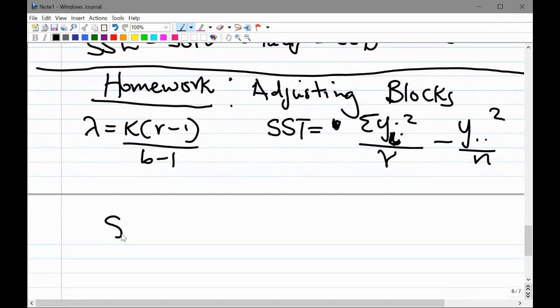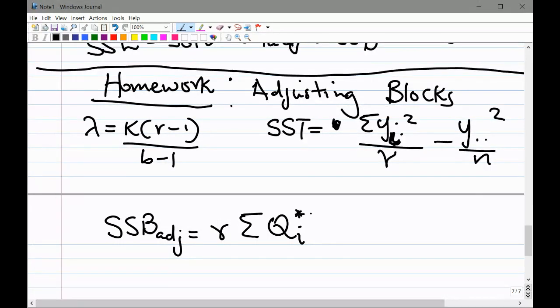In a case where you are adjusting the blocks, SS block adjusted, SSB adjusted, will be given by r times the summation of Qi star squared divided by lambda b, because now you're adjusting for the blocks. Remember, when you're adjusting for the treatment, this r will be replaced by k, and the b will be replaced by t. So these two formulas are not the same.